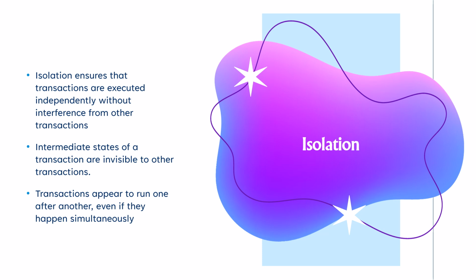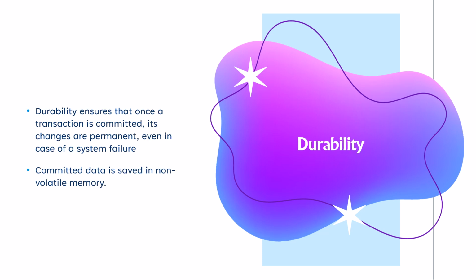So isolation ensures that the transactions are executed independently, without interfering with each other's transactions. By following the isolation logic, each of the users' transactions or operations will be isolated. That makes the data accurate and the operations accurate too.